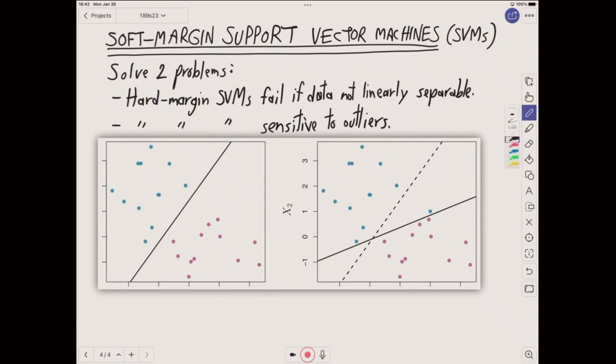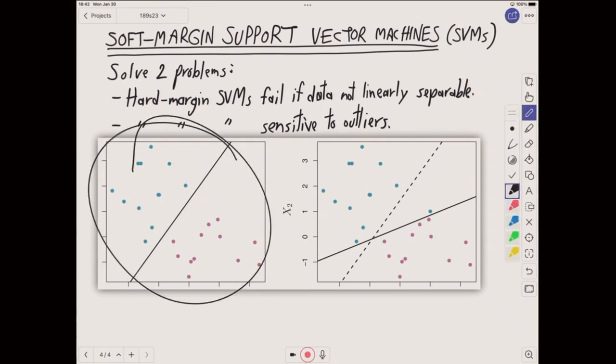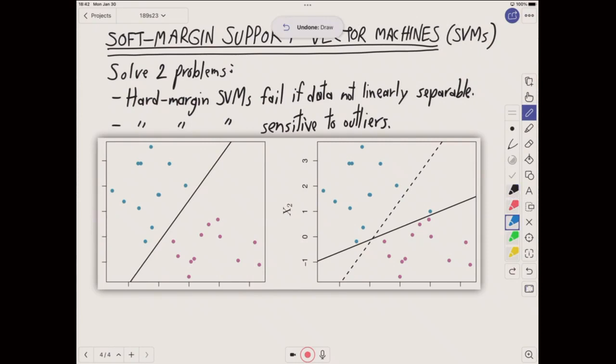So that's what we got on the left. Now, over on the right, what's happened is that we have added exactly one new point there. Otherwise, the data set's exactly the same, just one point has been added.